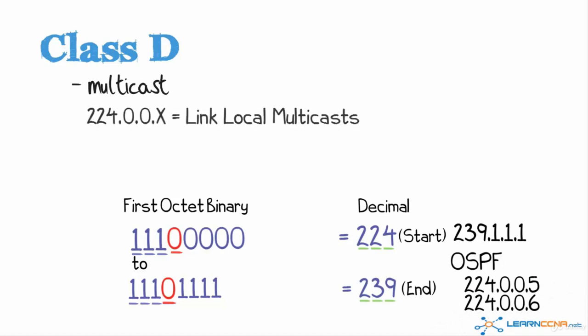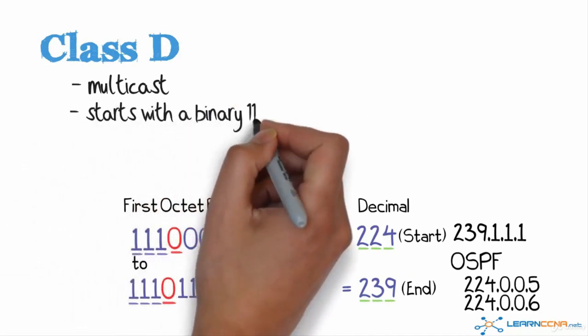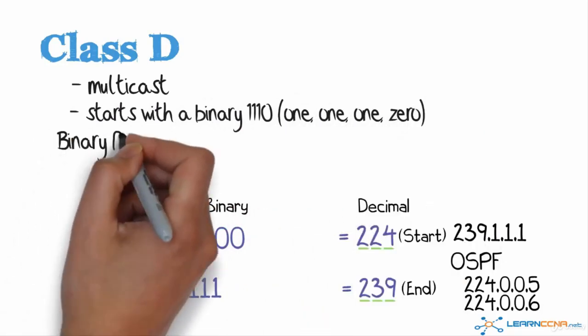These multicasts in the 224 range are known as link local multicasts, as these multicasts do not propagate off the local link or local segment. And multicasts in this range are often used by routing protocols such as OSPF, RIP, and others.